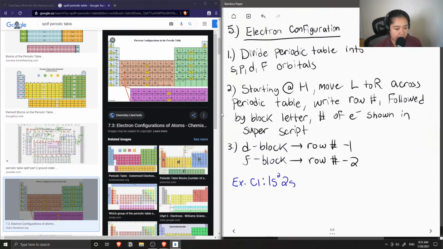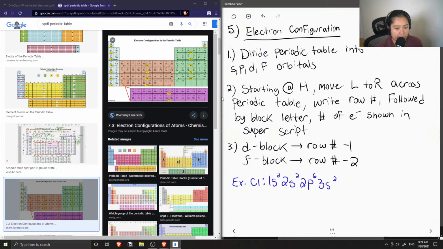We have 2s and then 2. And then when we get to the p block, the p orbital can house 6 electrons. So we will write 2p6. And this only brings us to the neon. So we have to move to the next row, 3s2.